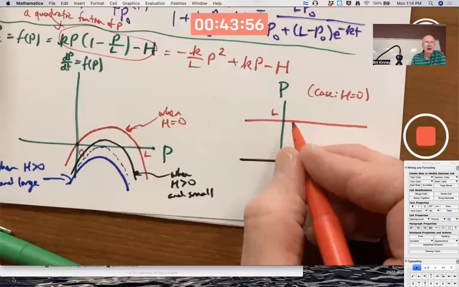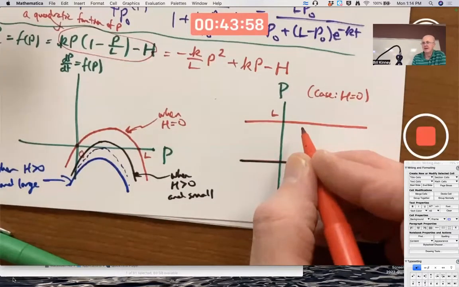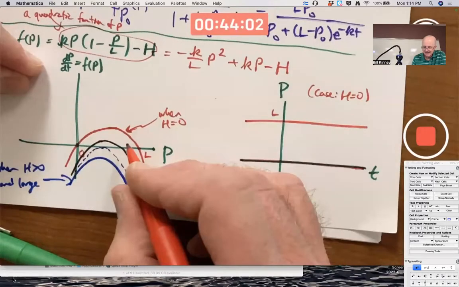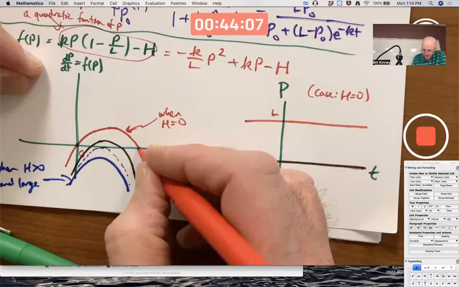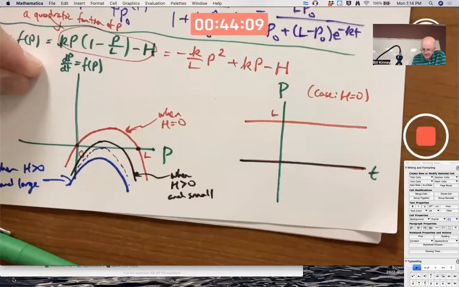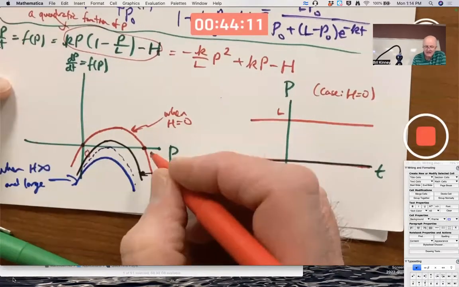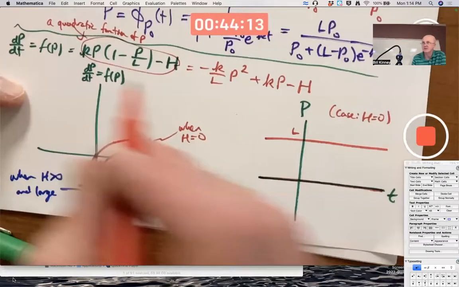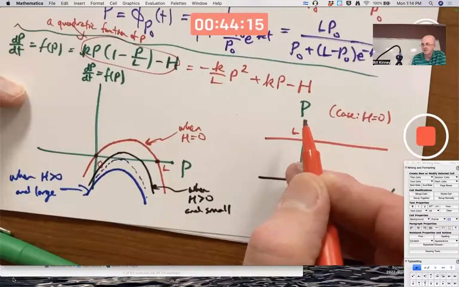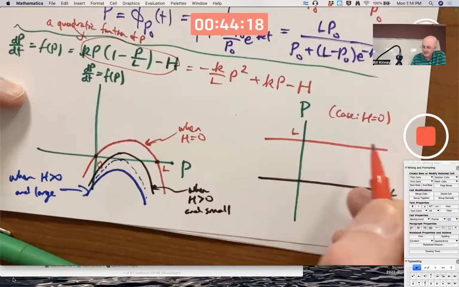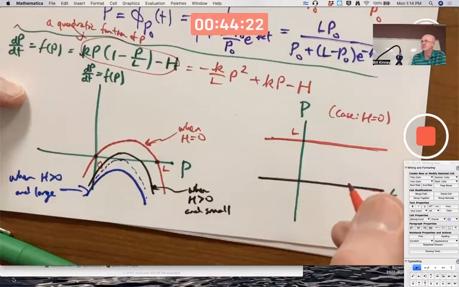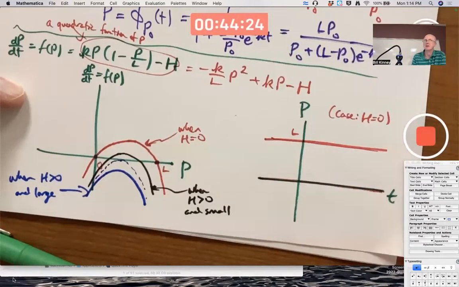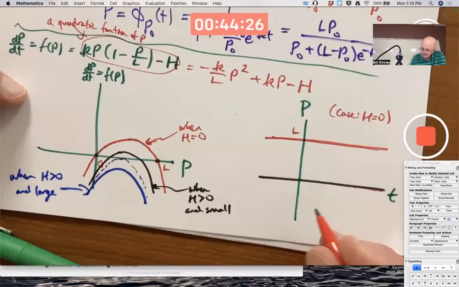Because if the population happens to equal L, the carrying capacity, this right-hand side, when you plug in p equals L, is 0. The second coordinate at that point right there is 0. But that second coordinate represents a derivative of a solution. The derivative of the solution is 0. And it's always 0 along that line. That horizontal line's got to be a solution, an equilibrium solution of the differential equation. Same at p equals 0.